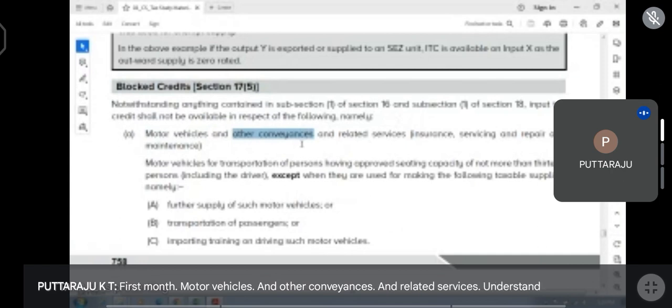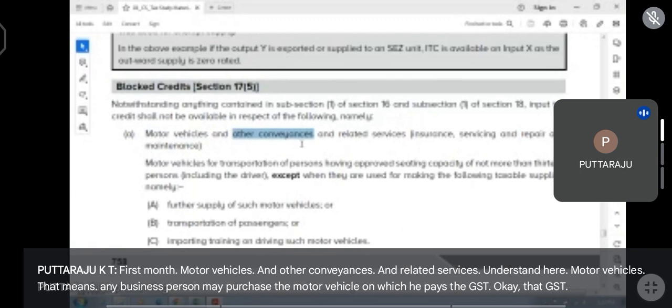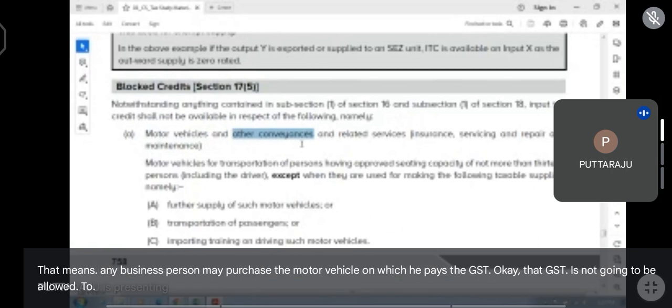Understand here? Motor vehicles. That means any business person may purchase the motor vehicle on which he pays the GST. Okay, that GST is not going to be allowed to set off against your outward liability.